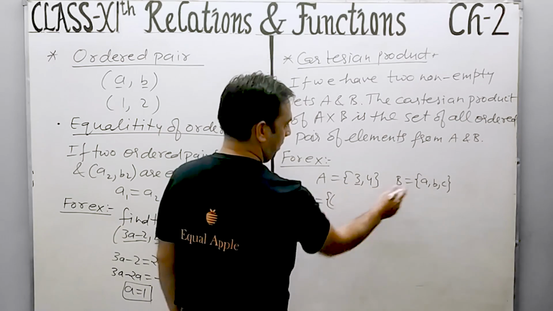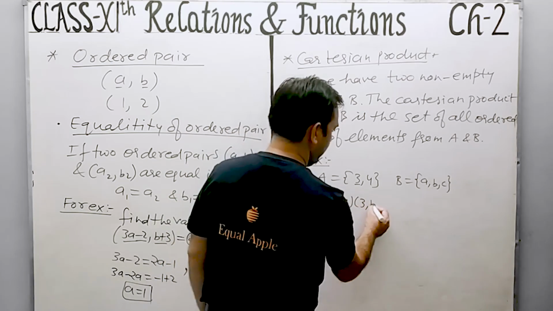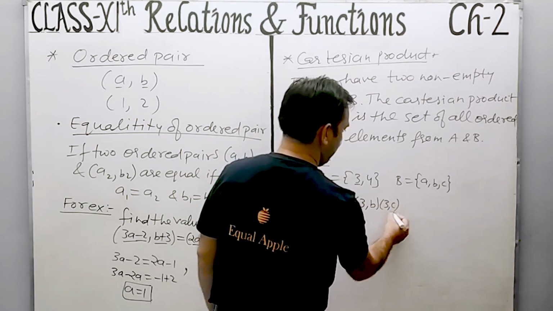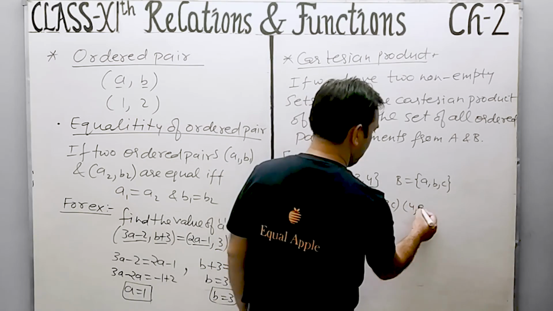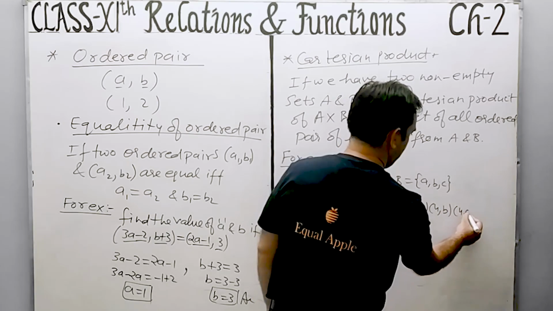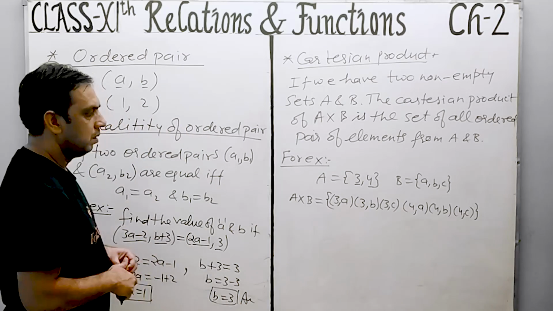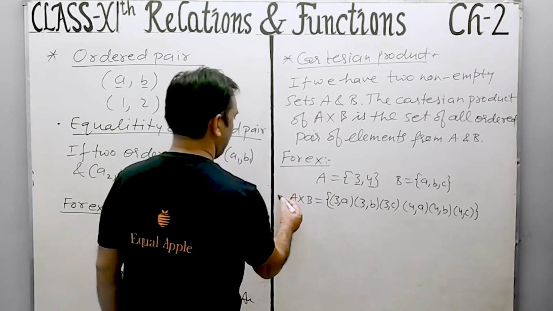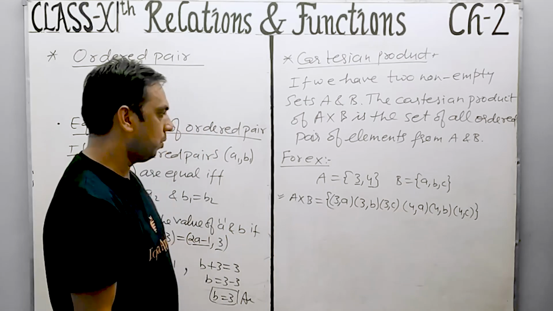First from 3 we get (3, a), (3, b), (3, c), and with 4 we can form (4, a), (4, b) and (4, c). This is how you can form the relationship between A and B by the Cartesian product.